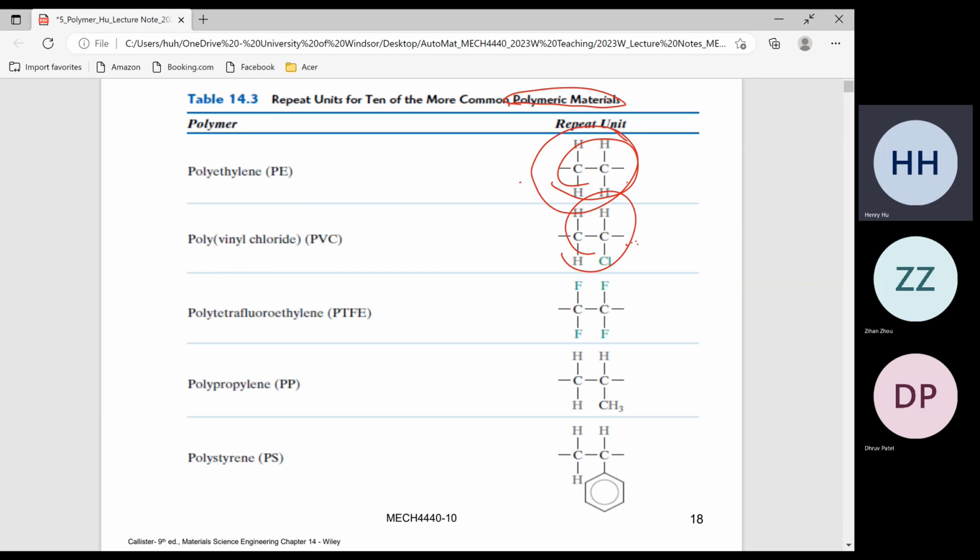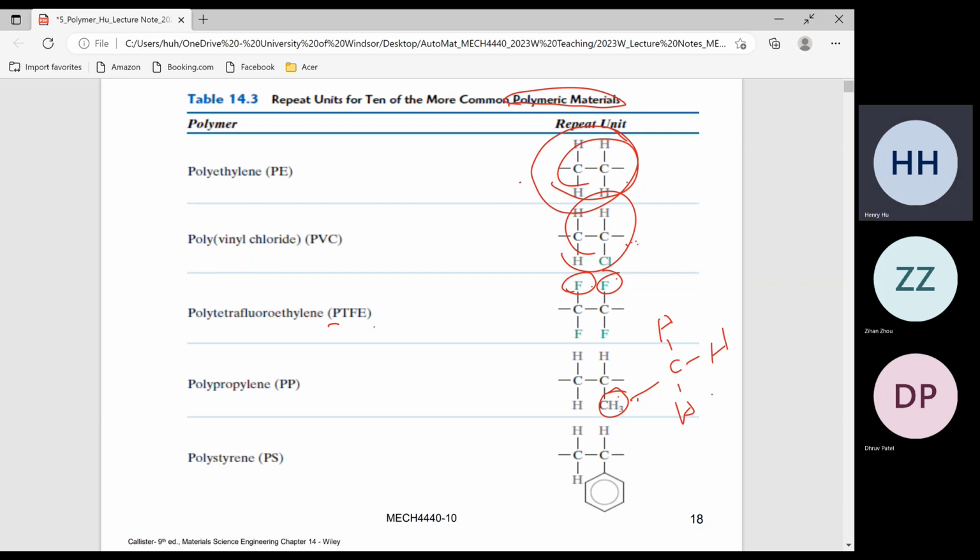And then if the hydrogen is all replaced by fluorine, you form polytetrafluoroethylene, short form PTFE. And then if one of the hydrogens in the ethylene is replaced by a group of 1 carbon and 3 hydrogen, then you form another type of polymer called polypropylene.